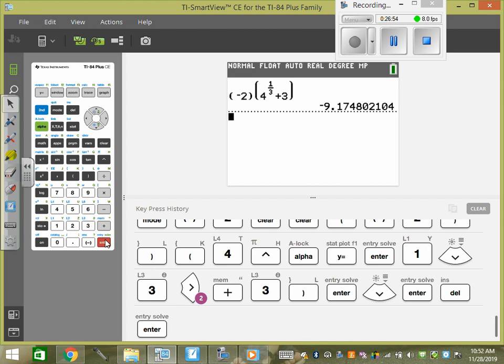You have to go alpha y equals enter. So you're going to go 4 and then alpha y equals makes you use the 4. Arrow over, you're on the 4. So go 4 and then arrow over. Okay, that will run.